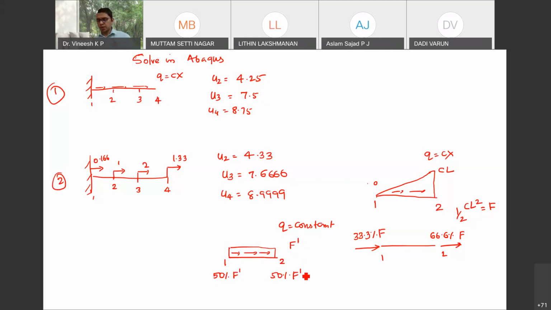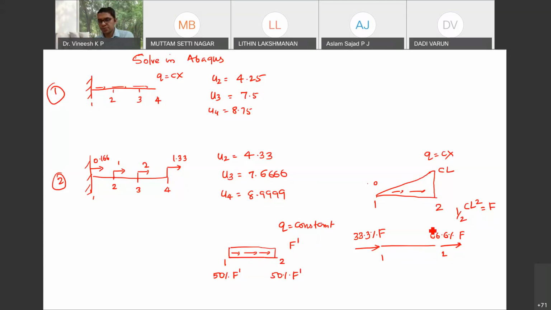So if you look at the last tutorial and you get the correct answer for that one, and if you look at the condition of the finite element formulation, you will see that the total force acting on the element is equally distributed on the first node and the second node. But that is not the case in the triangular load.